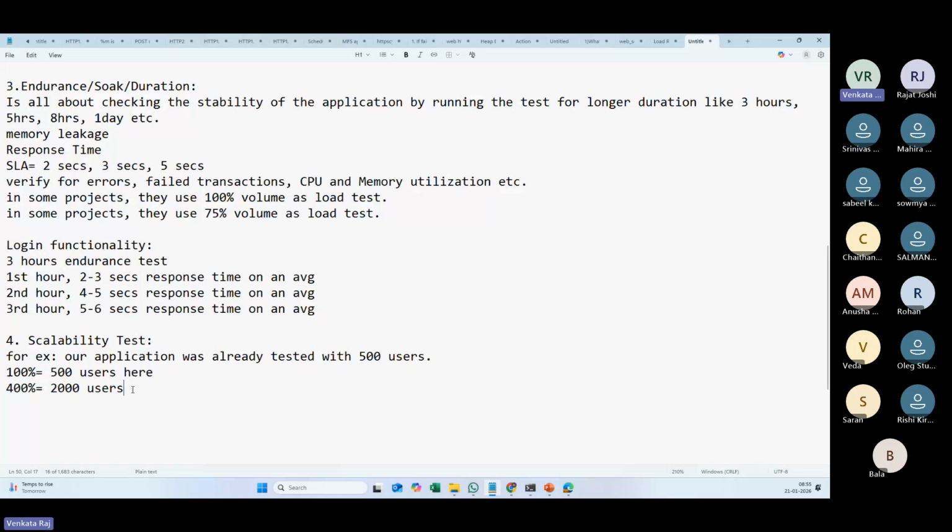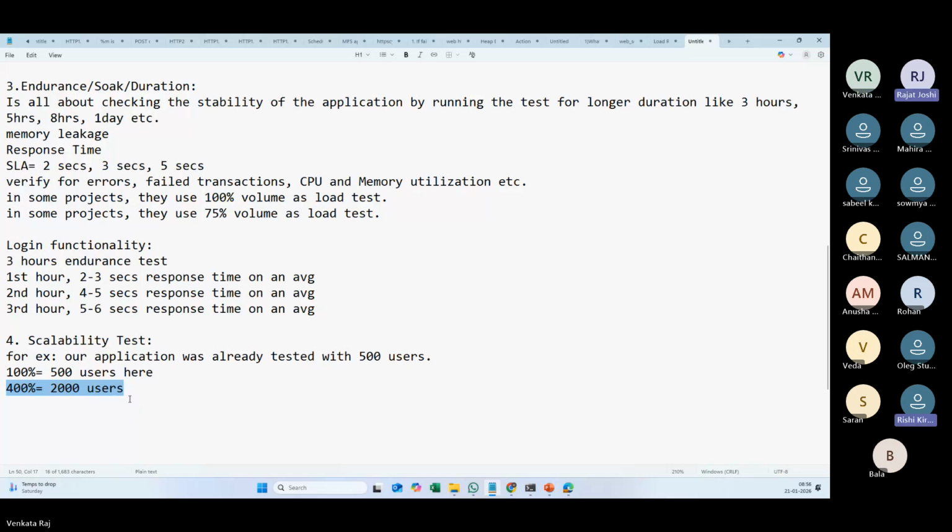When you directly run this type of test, if it passes, well and good. If it fails, then your client will immediately ask whether it will be able to withstand at least 1000 or at least 1500 users. Then you don't have an answer for that.